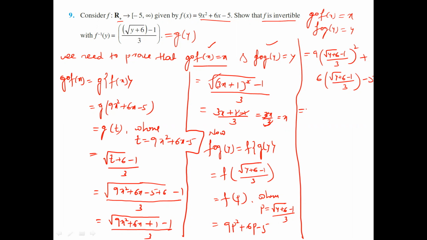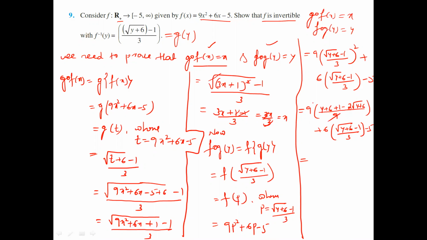Next, now what is this one? 9. Here, what about the denominator? 3 square means 9. Here, y plus 6, plus b square means plus 1, minus 2ab means minus 2 times root of y plus 6. Next here, plus 6 root of y plus 6 minus 1 by 3, minus 5 here.